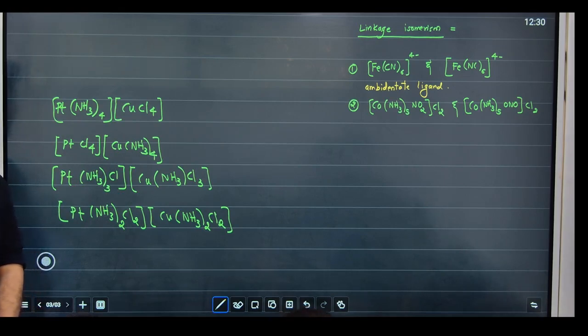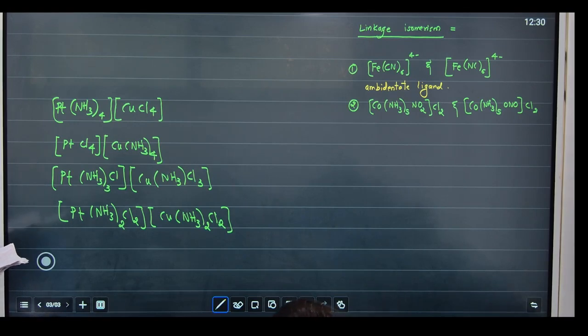Please write down the next type. Coordination isomerism. Yes, we are doing structural. Coordination isomerism.